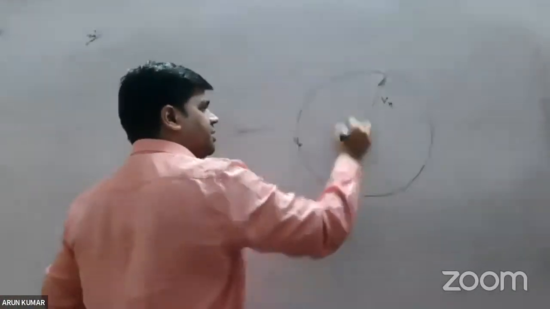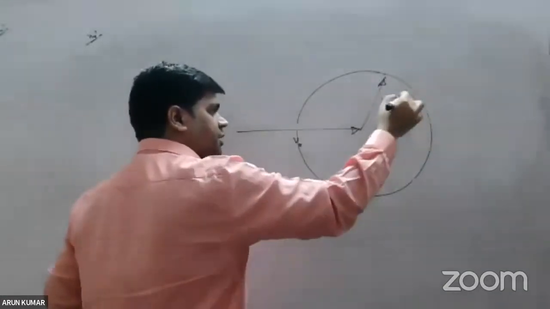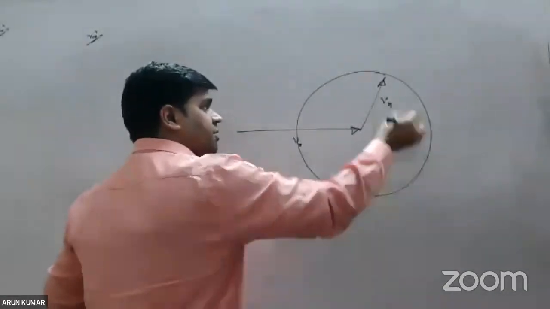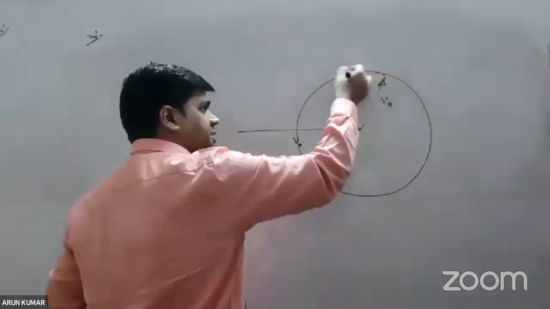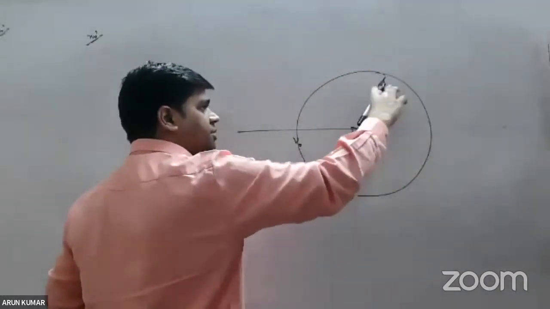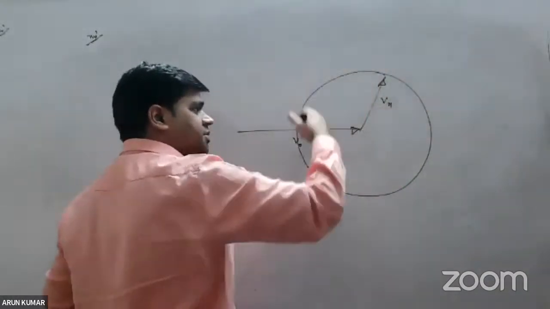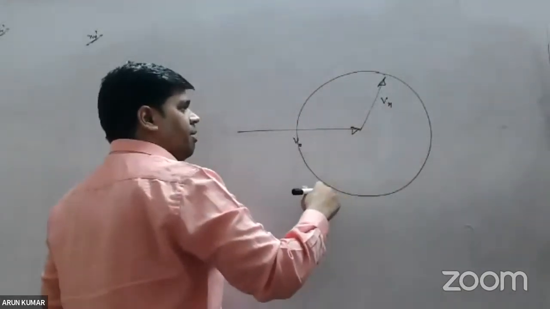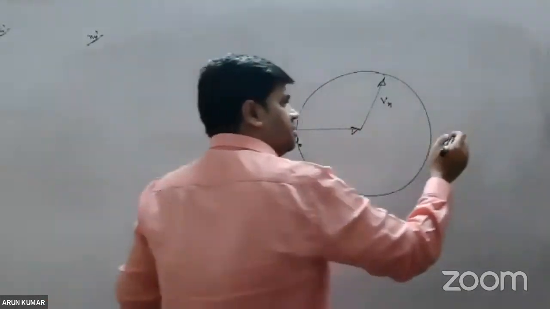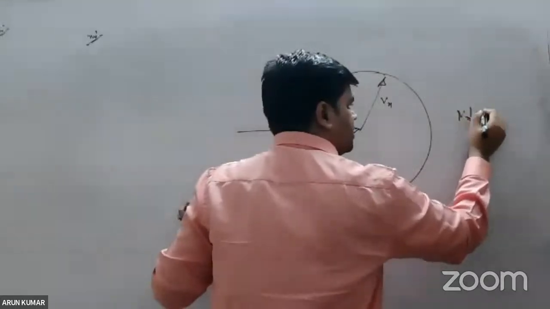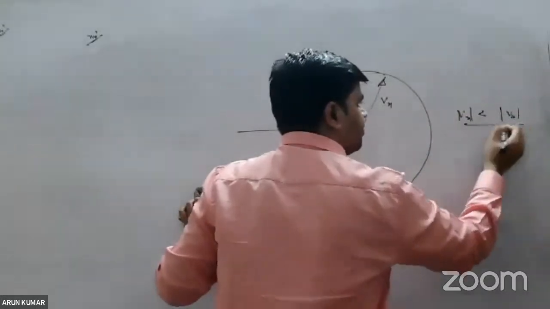So direction could be this way, this way, anyway. So the locus of the tip, the head of the vector, will be a circle, because magnitude is constant, so length of the vector will be constant. So radius of the circle will be vx. Here, the length vx is less than length v naught.